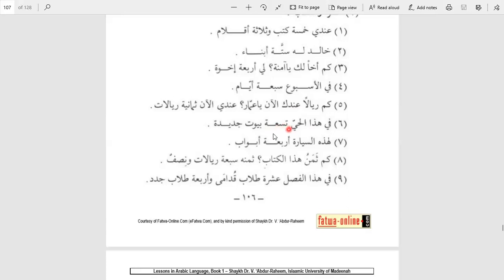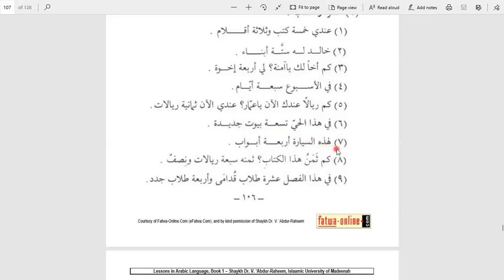It remains tis'atu, which is opposite to baitun, which is masculine, and buyutun is now the plural, which if we put a nat in front, it becomes feminine. That's why we have jadidatun. You should take note of this sentence. It's one of the tricky sentences that I have seen in Arabic. If you are asked to explain grammatically why we have tis'atu buyutin, but jadidatun here.